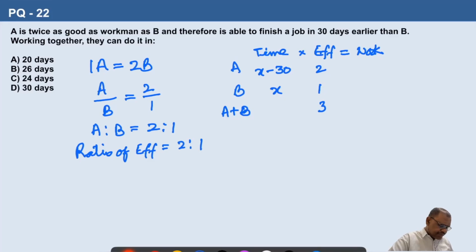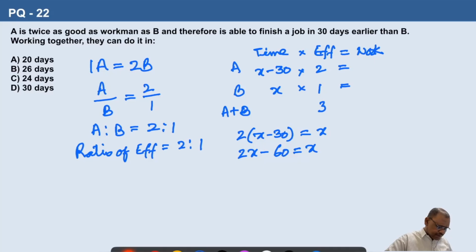Now let us simplify this and find out the total work. So total work in the first case is 2 into x minus 30 is equal to 1 into x, that is x. Simplify this, 2x minus 60 is equal to x. 2x minus x is equal to 60.